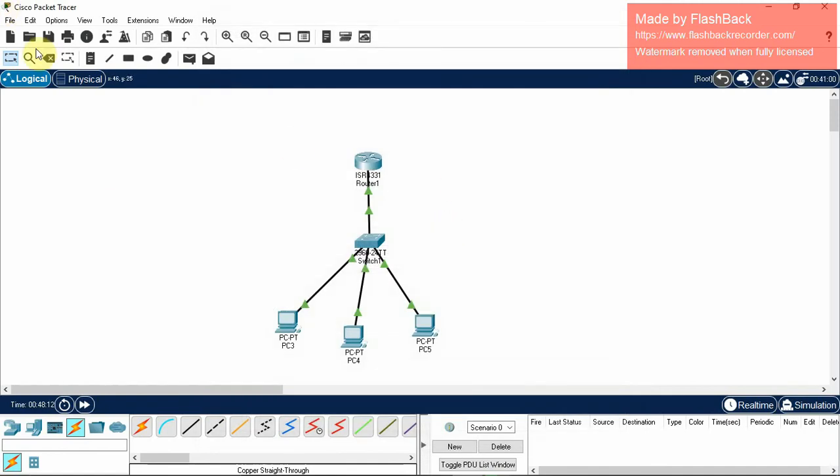So these ones are going to be actually pretty different.